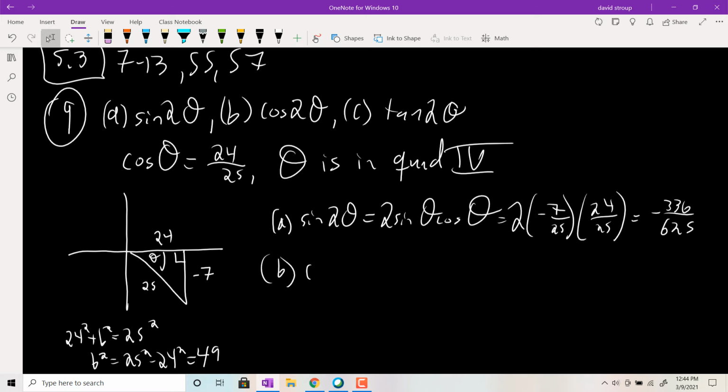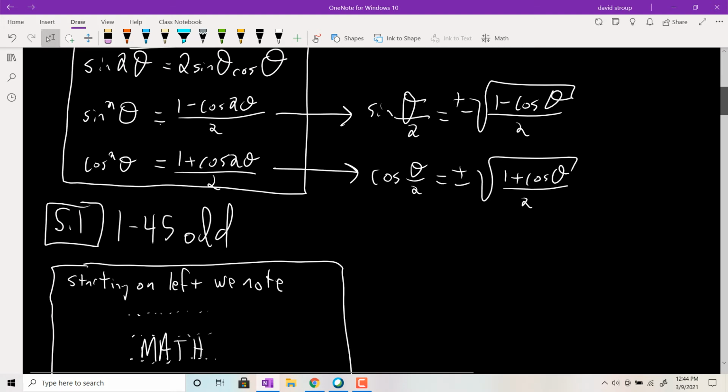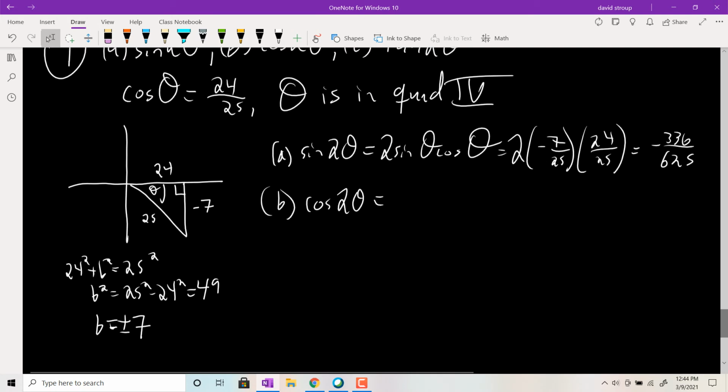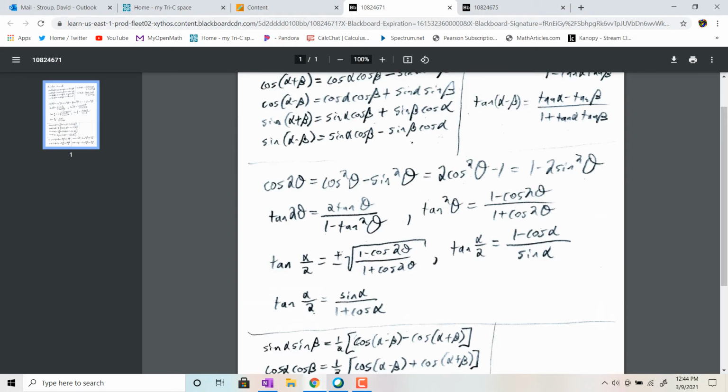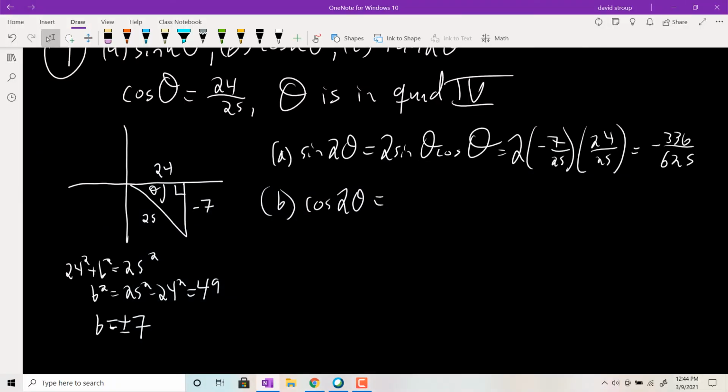Okay. Part B, cosine of 2 theta. Okay, this isn't one we have memorized. It's one on the formula sheet. So this first formula, cosine 2 theta is cosine squared theta minus sine squared theta. Okay, and then you just plug and chug.